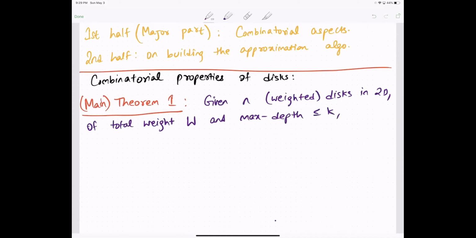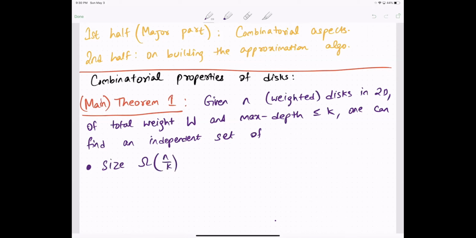I'll define what max depth is, so please hang on. One can find an independent set of size at least n over k in the unweighted setting.